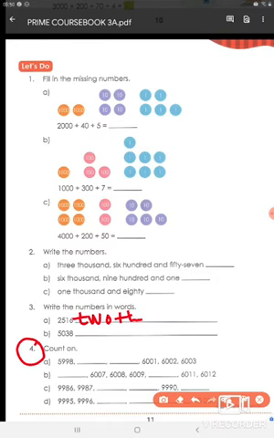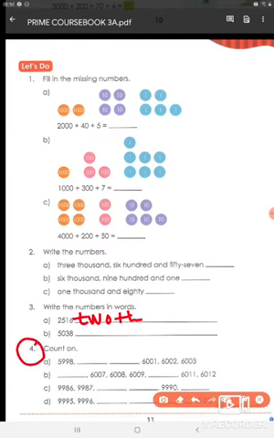5,998, then 5,999, then 5,999 plus 1 is 6,000. 6,001, 6,002, 6,003.